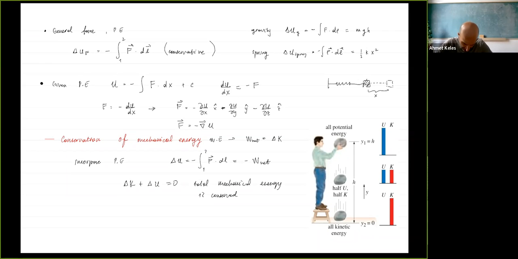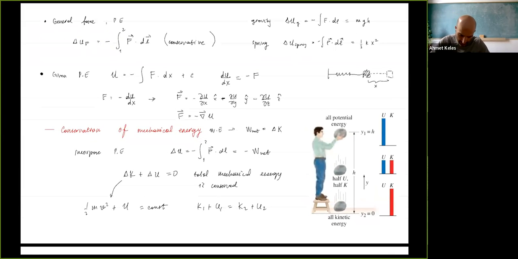So this is pretty convenient because if you calculate this whole thing once, say you calculate 1/2 mv squared and you calculate the potential energy U, this is constant. So you can use this constant to determine the motion at any other moment in time. So K1 plus U1 is always equal to K2 plus U2 at some other point in time.